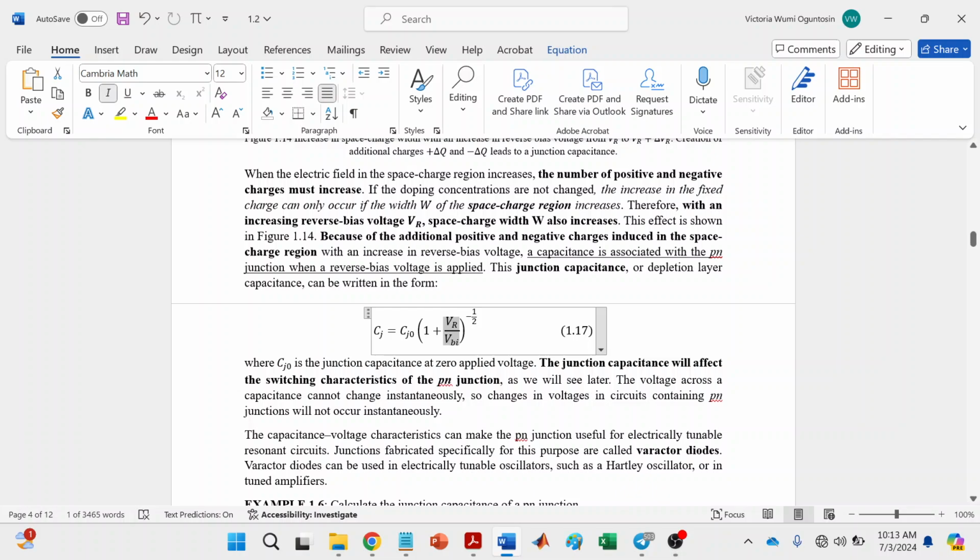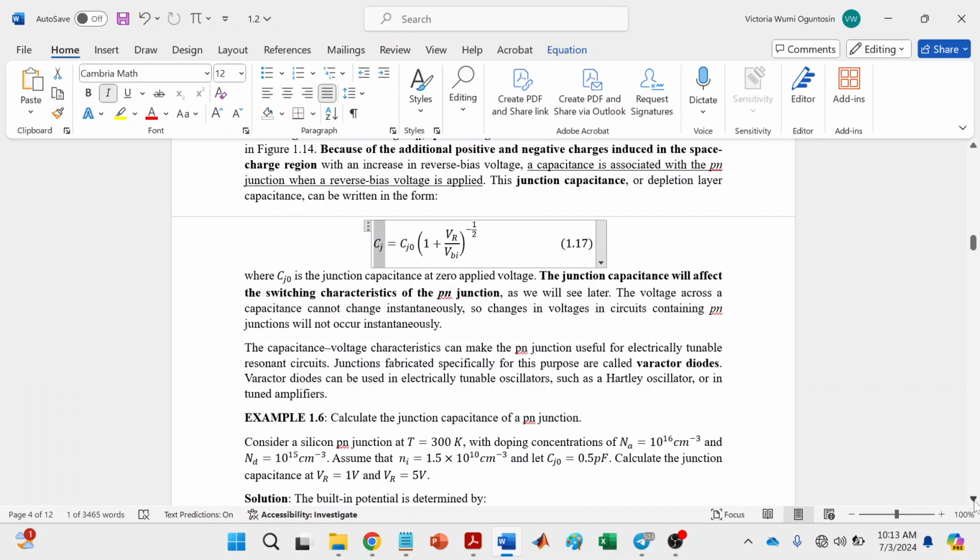So this junction capacitance, as we are going to be seeing later, would have an effect on the switching characteristics of the PN junction, because the PN junction is not going to switch automatically.